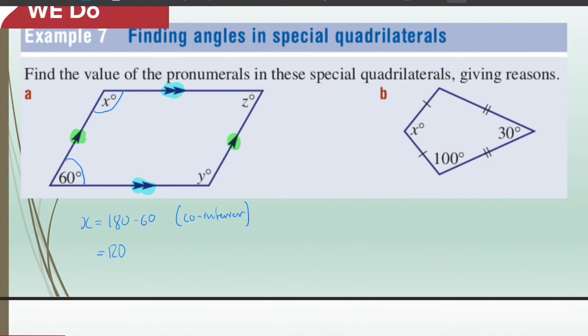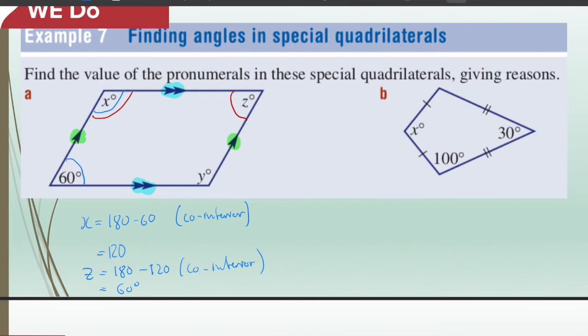And we can keep doing the same thing all the way around the parallelogram because these two angles are also a pair of co-interior angles. So z is going to equal 180 minus 120 because they're also co-interior. So z is going to equal 60 degrees.